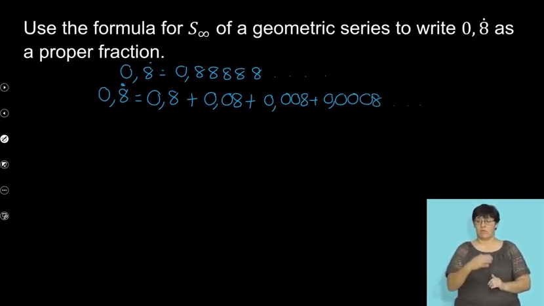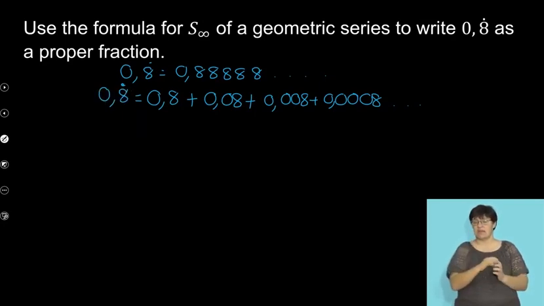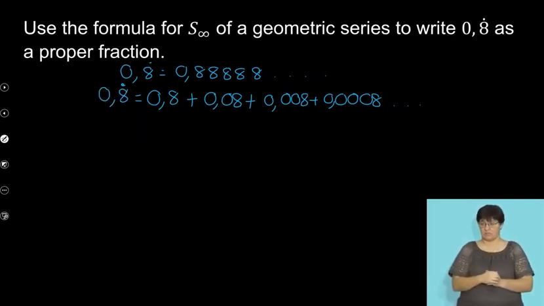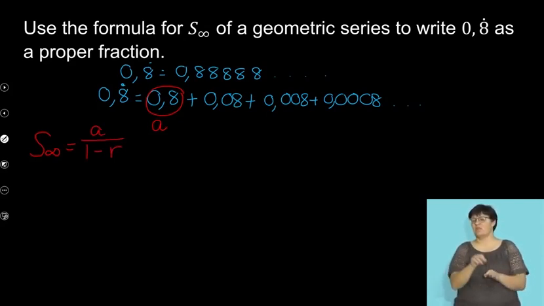If I want to be able to express the sum to infinity of this number, I need to establish what a is and what r is. If this was a geometric series, 0,8 would be my a value. To substitute into the sum to infinity formula, which we know is equal to a over 1 minus r, I need to see what the value of r is.